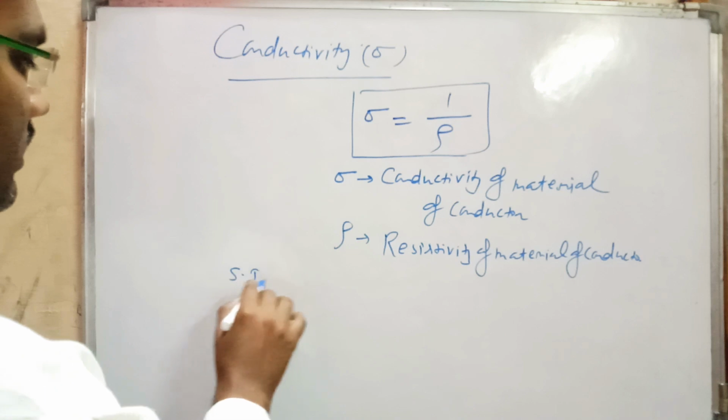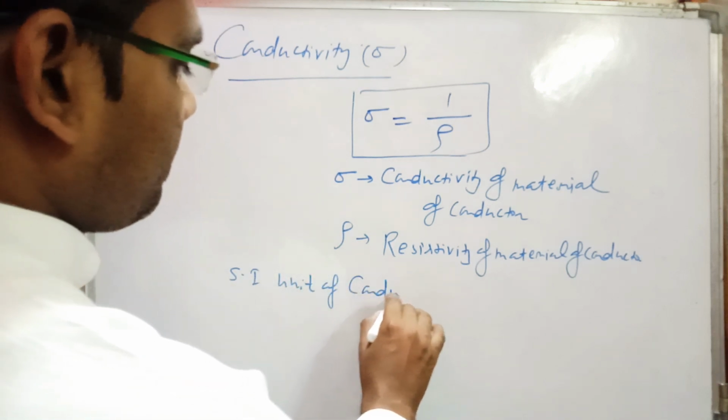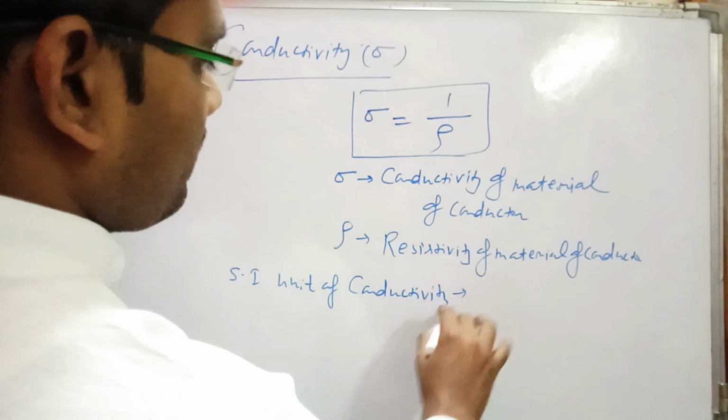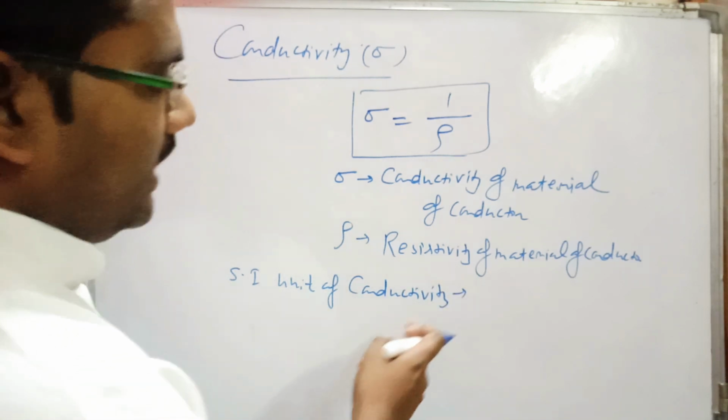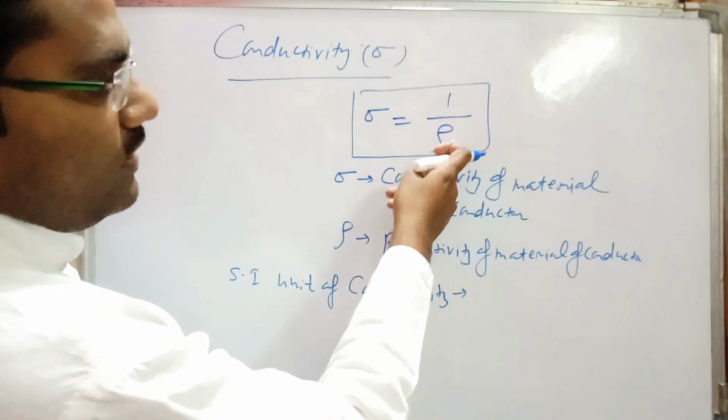Now the SI unit of conductivity is the reciprocal of the unit of resistivity.